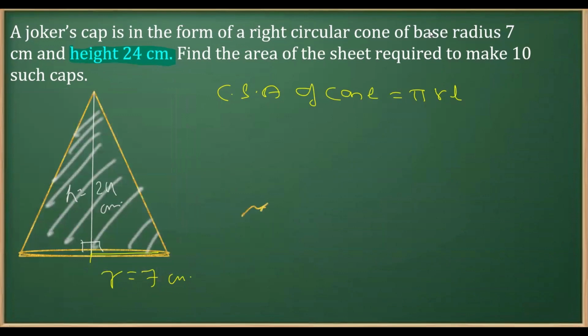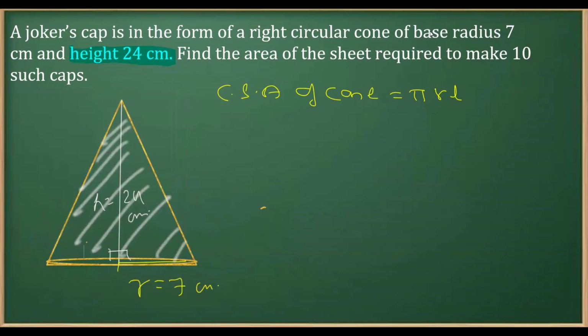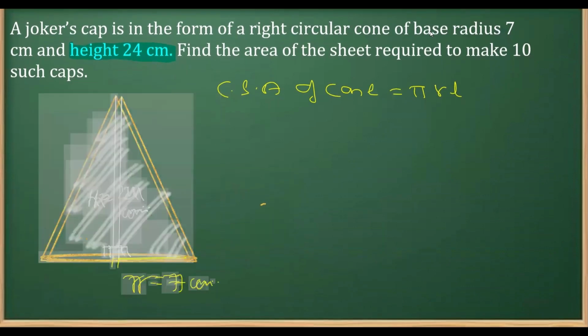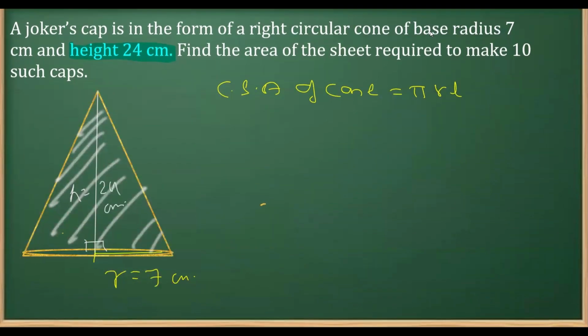This angle is 90 degree, and we have a relation, that is L square is equal to R square plus H square. L is what we have to get.